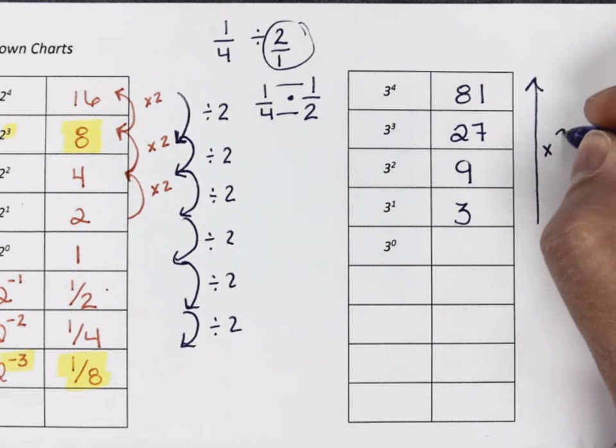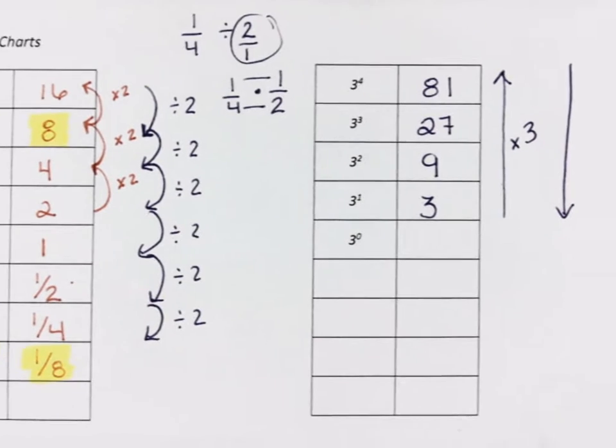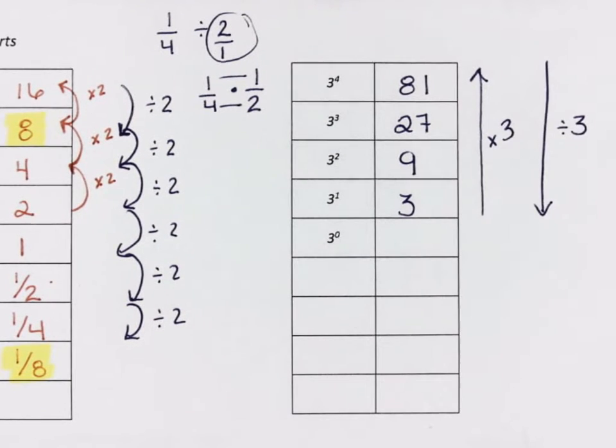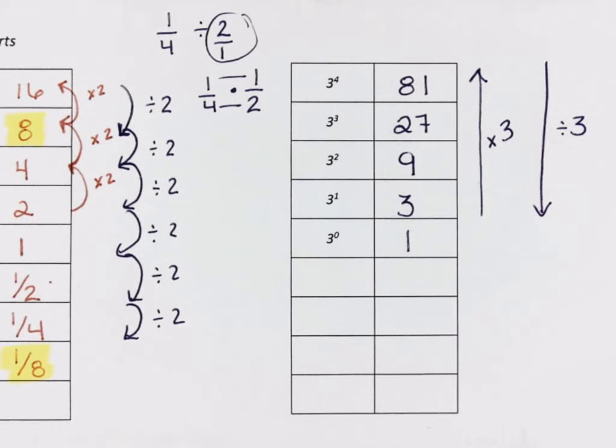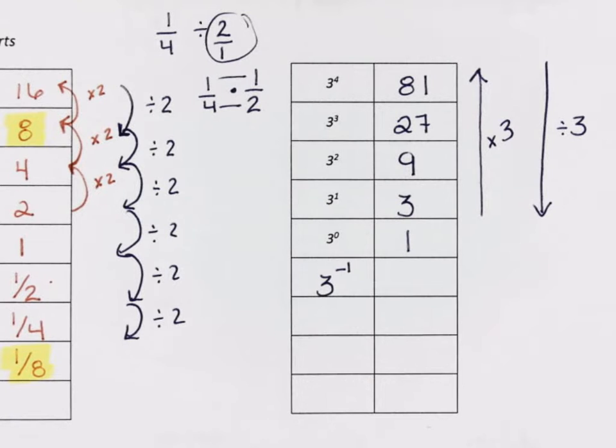Multiplying by 3. So when I go down the chart, what am I doing? Dividing by 3. Okay, so it's 3 divided by 3. 1. Finally. So 3 to the exponent negative 1 is going to be what?